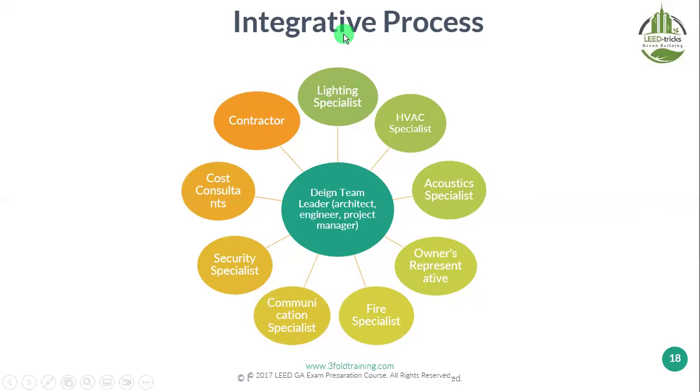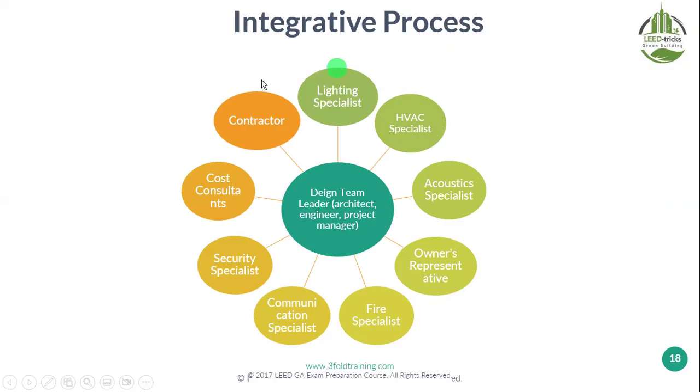Like what we see here, at the core of the process is the design team, the basic design, where I, as an architect, have all the other disciplines surrounding me, starting from HVAC, acoustics. The owner's representative also has input. So there is input from specialists or experts, and input from stakeholders, and so on.